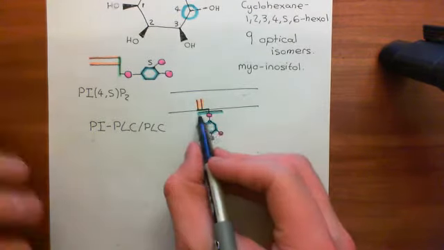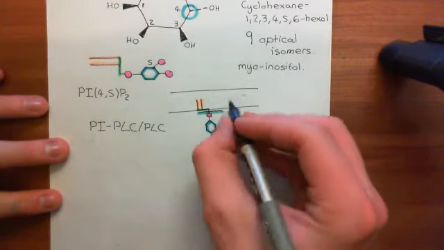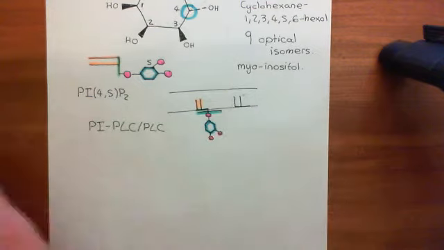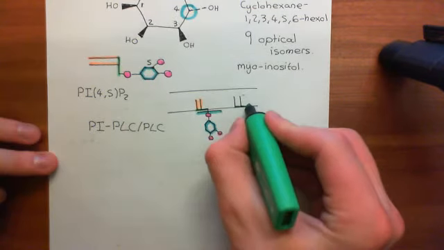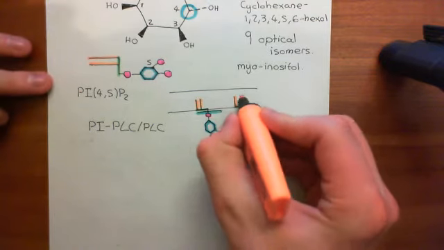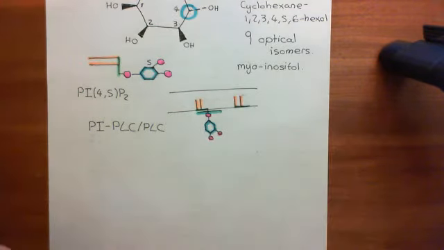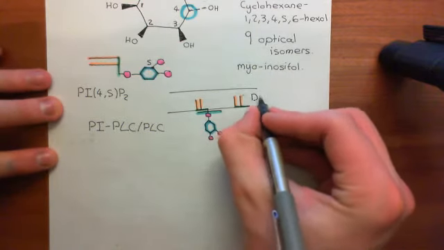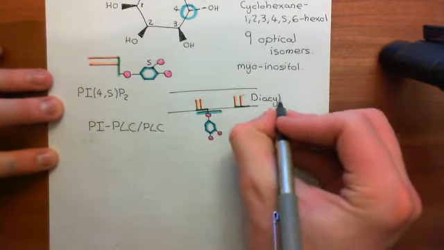So they're going to cut where I've shown this turquoise line here. Okay, and the two products then will be a glycerol molecule that has two long-chain carboxylic acids esterified to the first and the second carbon's alcohol groups. Okay, and the fancy name for that is a diacyl glycerol molecule.